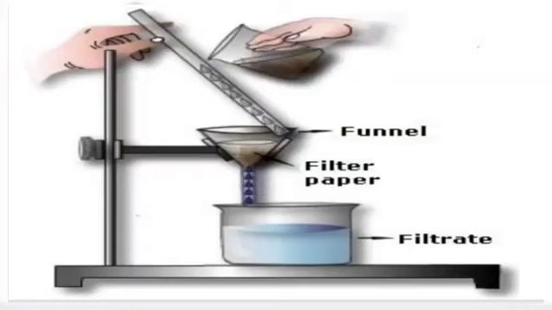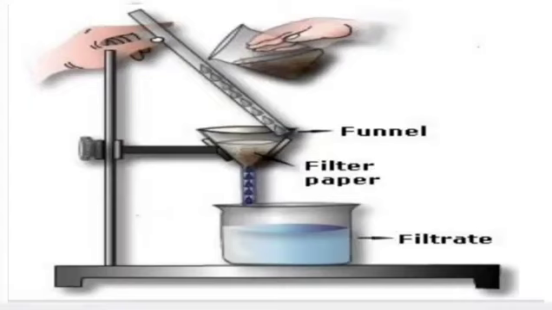This picture shows the filtration process. First of all, we fit the filter paper cone at the mouth of the funnel, and after that pour the impure water into the funnel with the help of a glass rod.